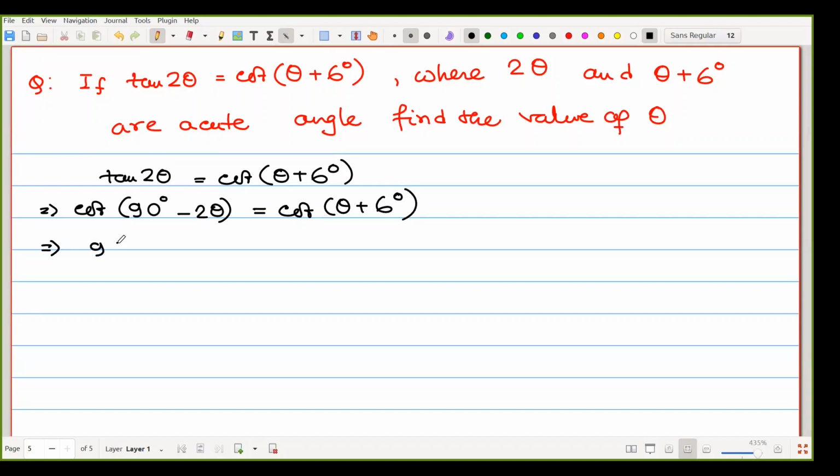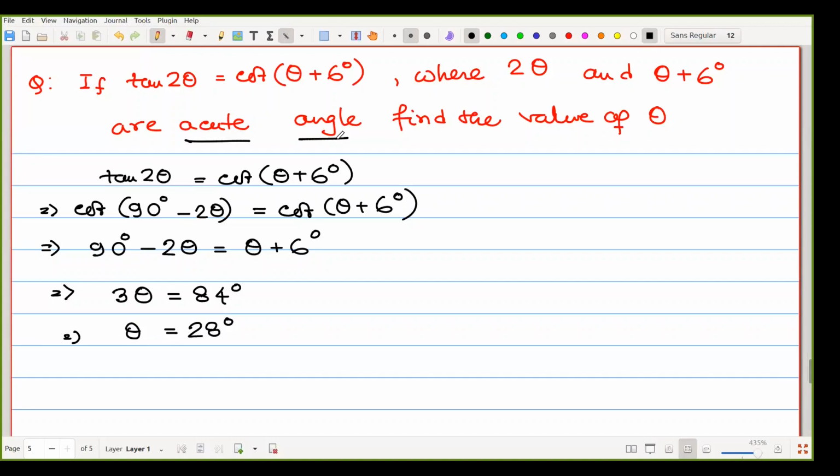So we have 90 degree minus 2 theta is equal to theta plus 6 degree, or 3 theta is equal to 84 degree, or from here we can say theta is equal to 84 by 3, that is 28 degree. Always remember that this is possible because of the acute angle condition described in the problem.